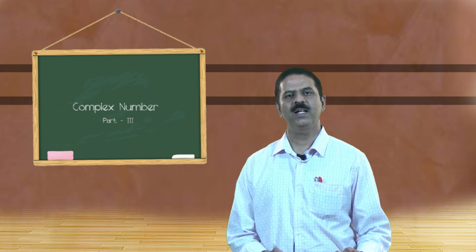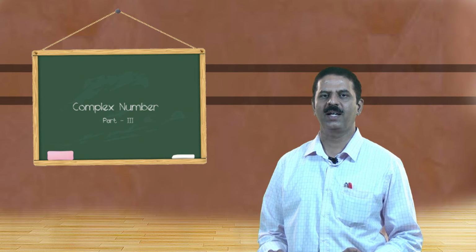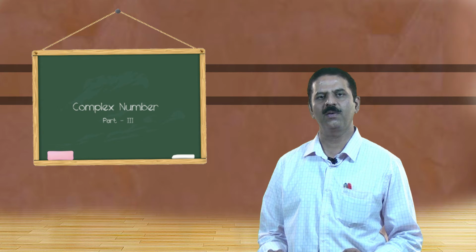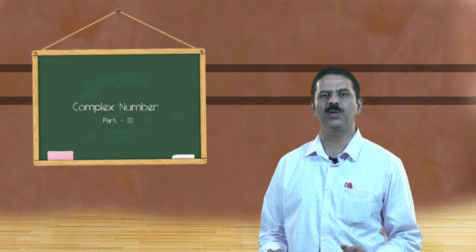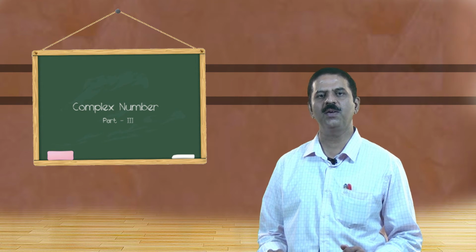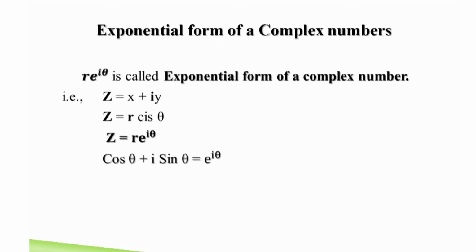Now, you can take some more examples. Here it is how to convert a complex number into the exponential form. The same example you take, z is equal to say 1 plus i. Here r is equal to root 2 and theta is equal to pi by 4.